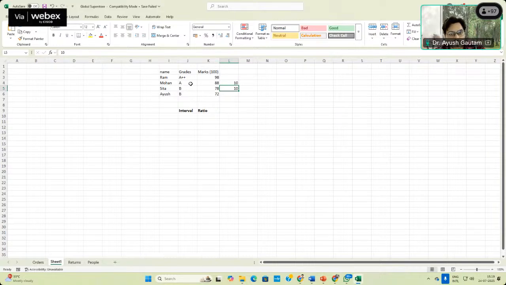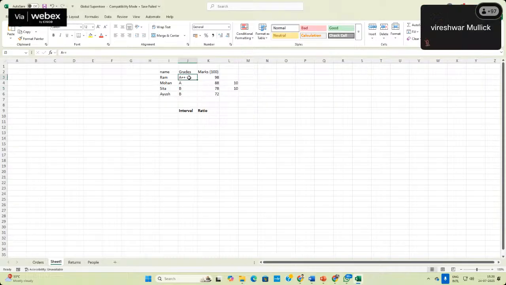But here if I say the difference between grade A double plus and A, and the difference between grade A and B, are both the same? So what is happening here? 98 minus 88 equals 10 and 88 minus 78 equals 10. Both are equal. But the difference of A double plus minus A and the difference of A minus B are not the same.